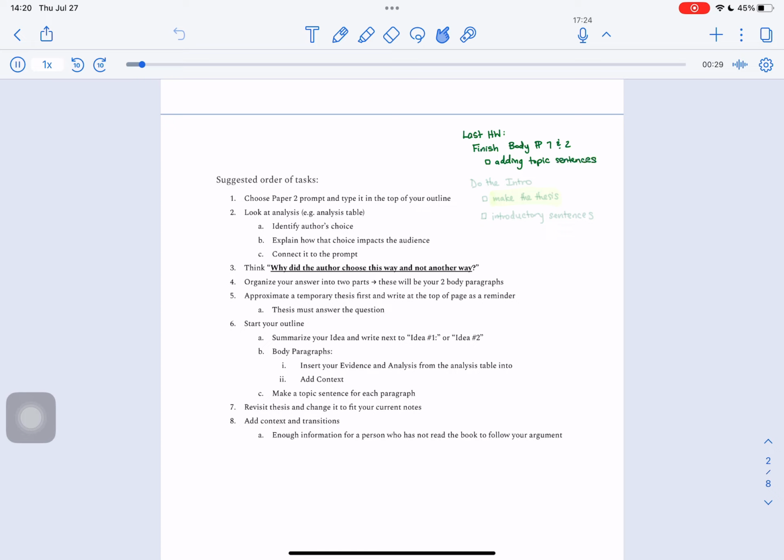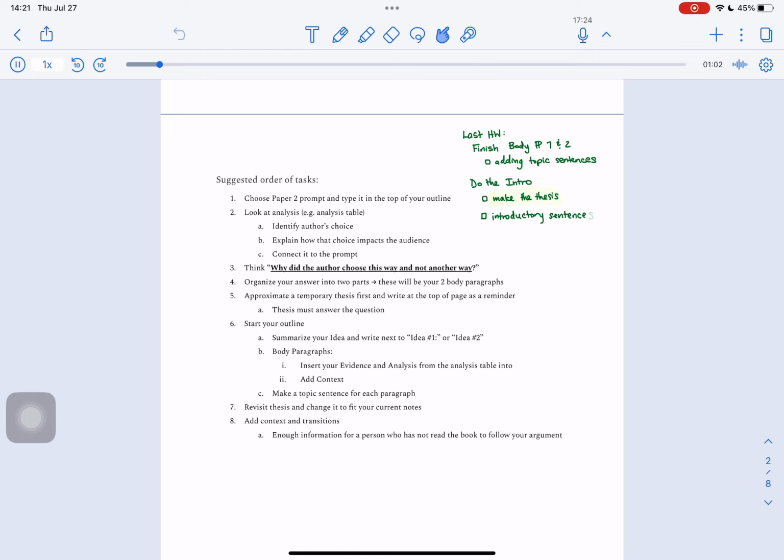And then we are going to do the intro, which means number 1, make the thesis. And then write the introductory sentences for each of your works. In your case, you are going to have a very short introduction because you're only introducing one work. If you notice in our example, he only spent like 1 to 2 sentences on each person in their text.